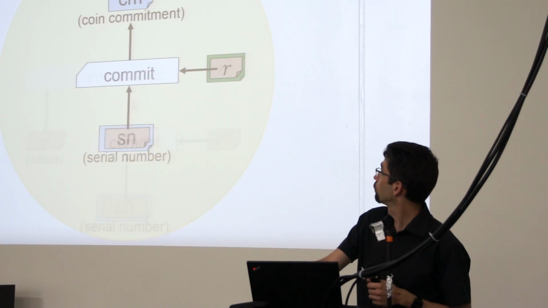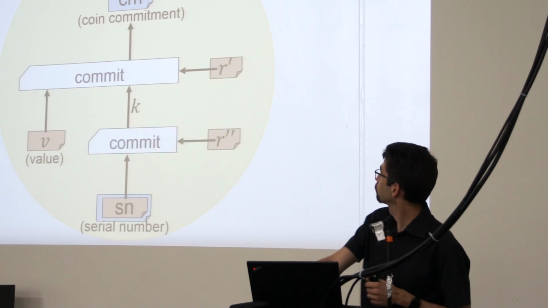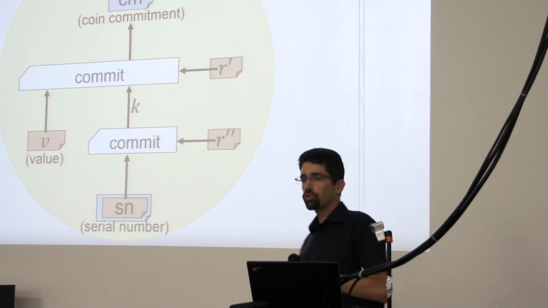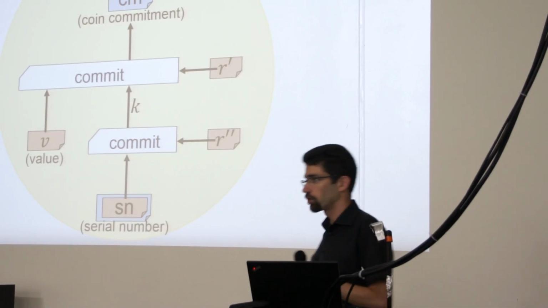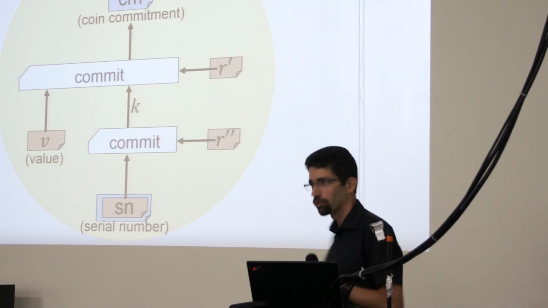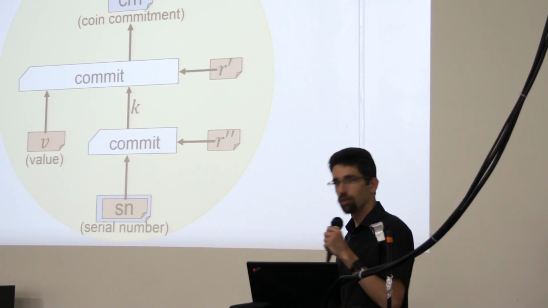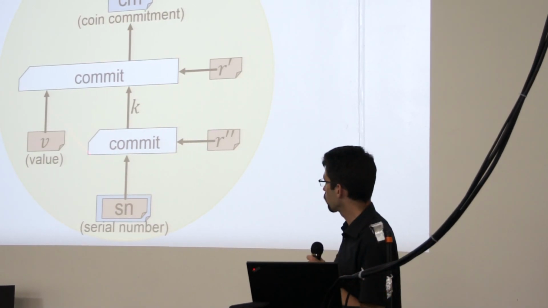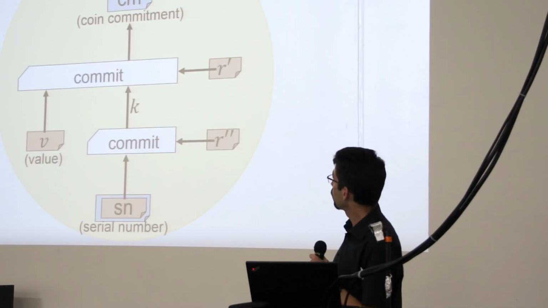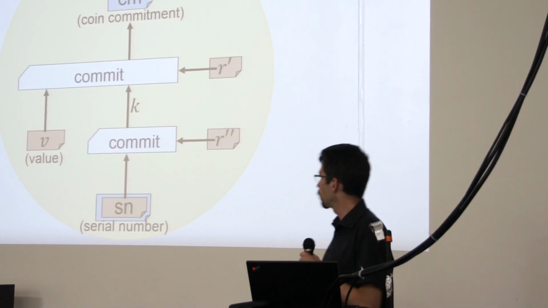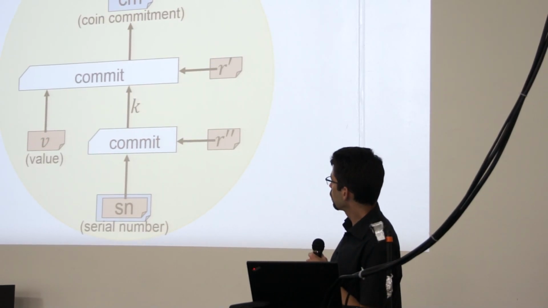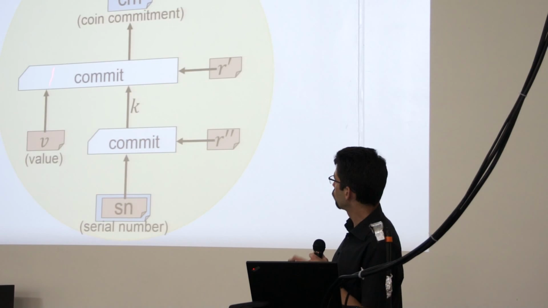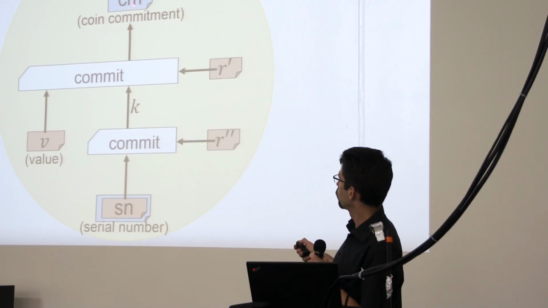Okay, so here's what we're going to do. We're going to add values to coins. Every coin will have a value denoted in Satoshi or whatever your favorite currency is. Let's call it V. And when you create a coin, you will now need to declare that value, and that value will go into the commitment, producing the coin commitment.